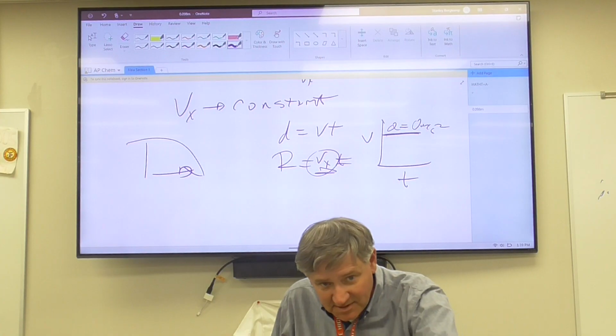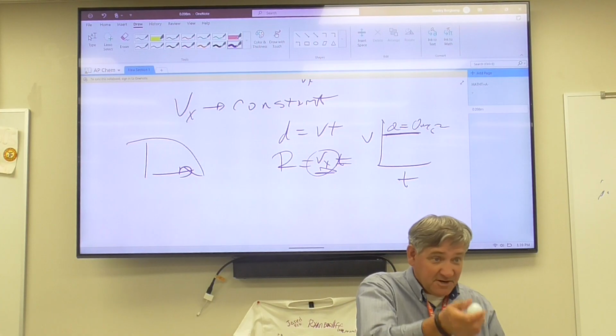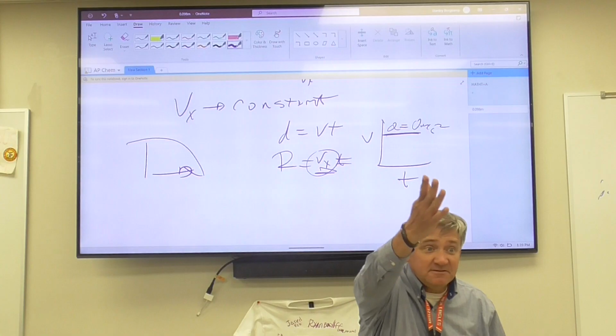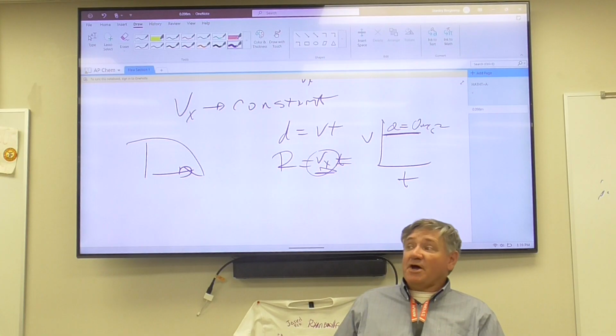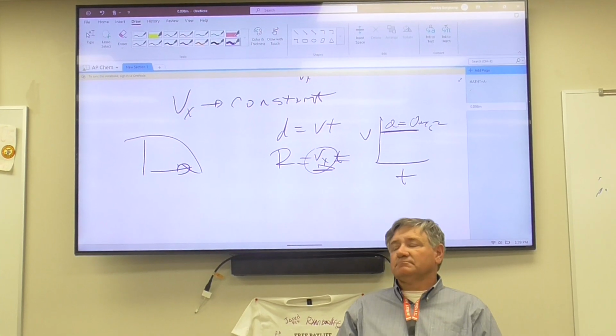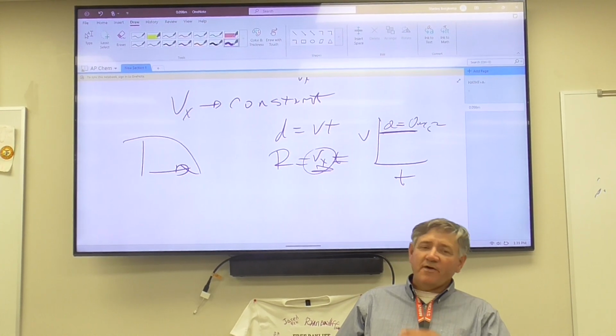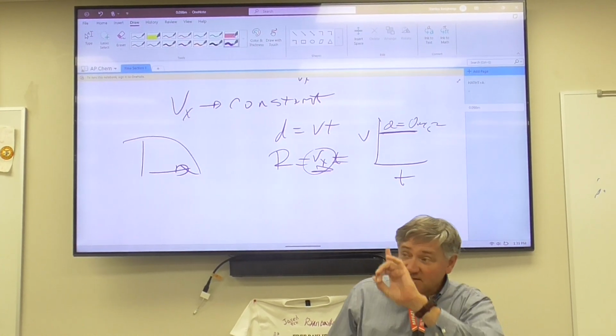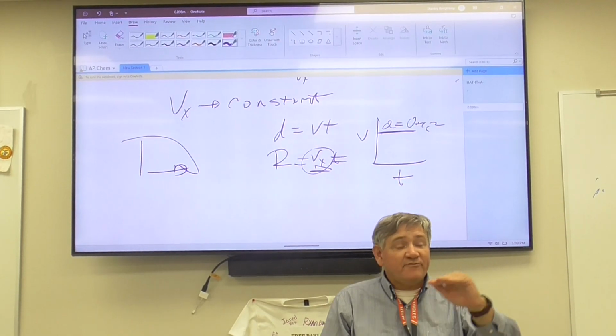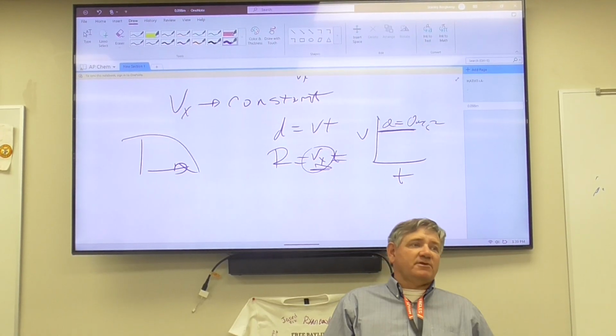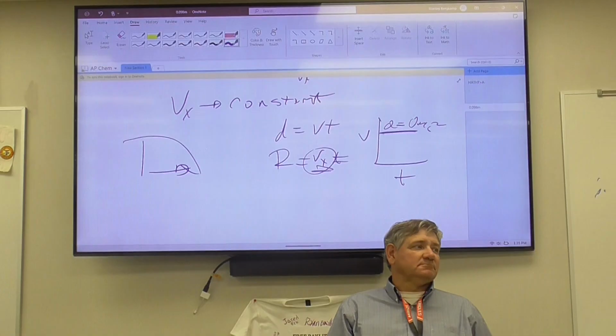So if I take this and, you ready? So I'm going to throw this, okay? Now when I throw it, as soon as it leaves my hand, what forces are acting in the horizontal direction? Dylan. Direction of motion.